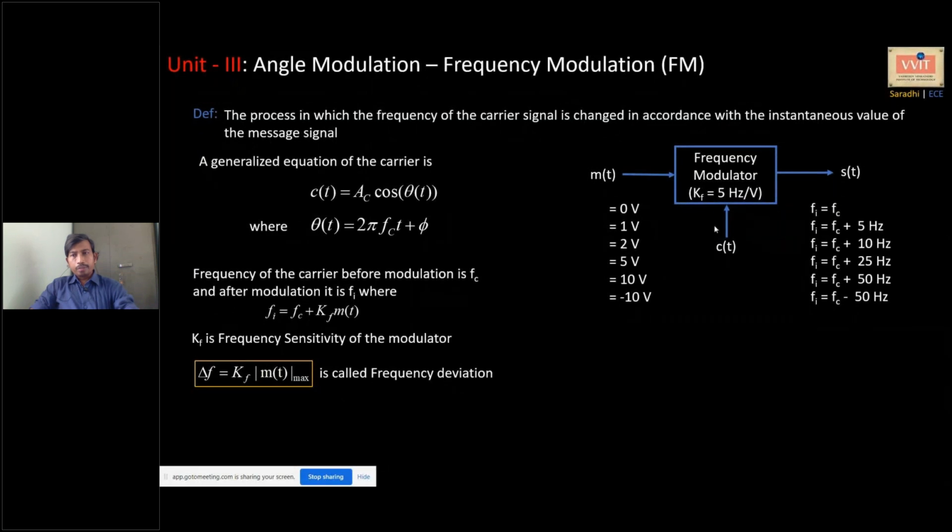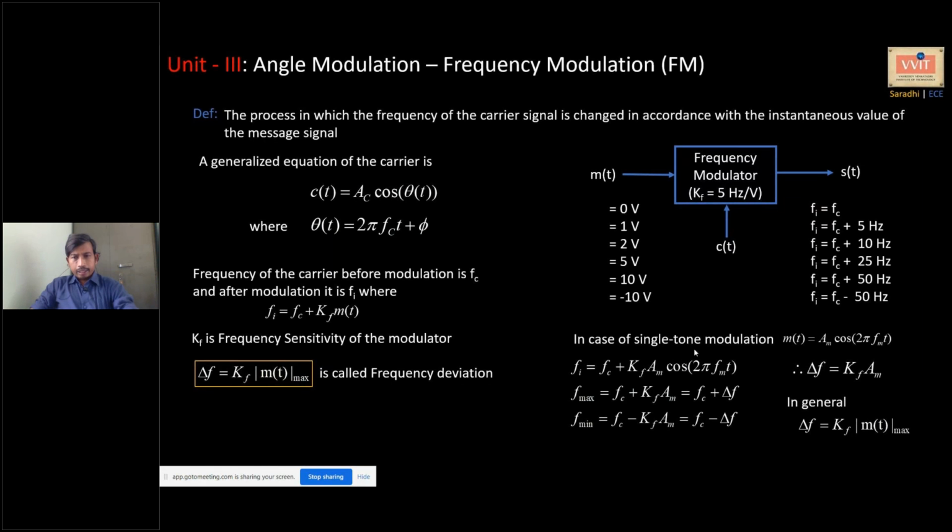If message is 1 volt, with kf 5 hertz per volt, this is the frequency sensitivity factor whose units are hertz per volt. So when message is 1 volt, the instantaneous frequency becomes fc plus kf into m of t according to this expression. So it is fc plus 5 hertz, and so on. So your message can be either positive, negative, or 0. Accordingly, the instantaneous frequency either increases, decreases, or remains equal to fc.